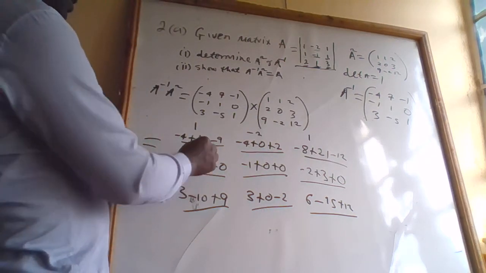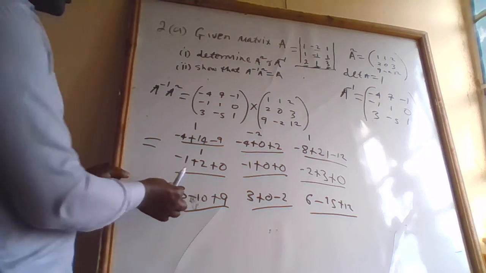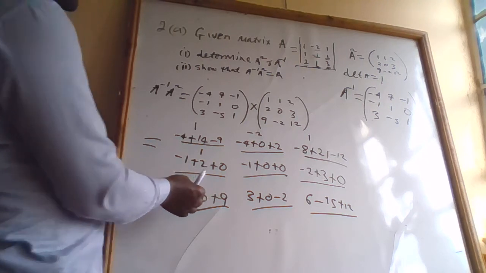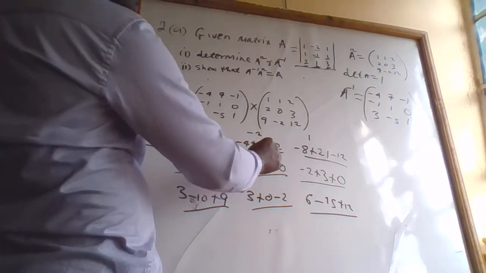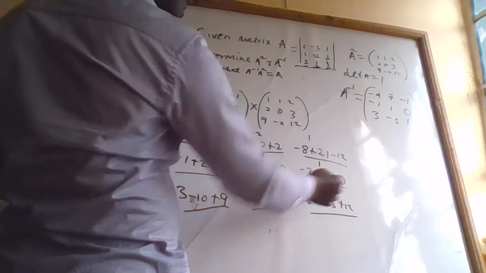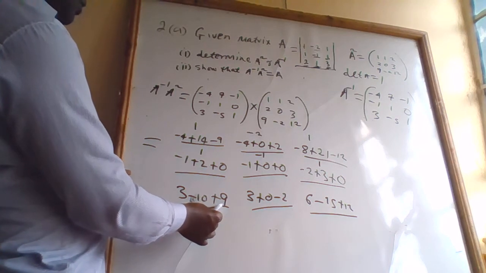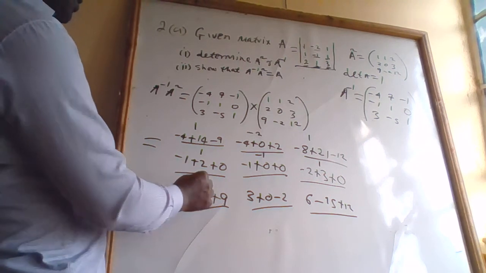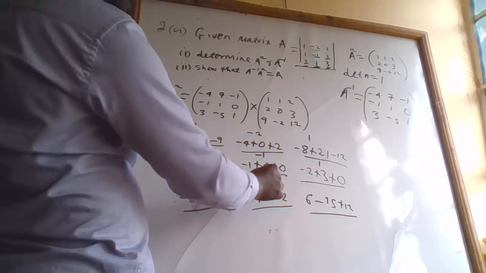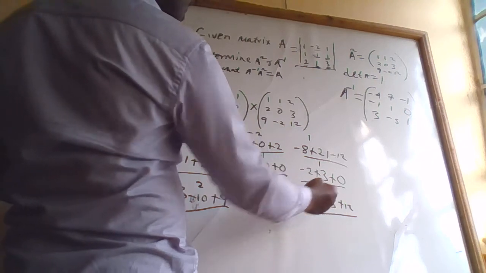Then here we have negative 1 plus 2, and then here we have negative 1, and then here we have positive 1, and then here we have this plus 12 minus 10, we have 2. Here we have 3 minus 2, we have 1. 6 plus 18 minus that, we have 3.